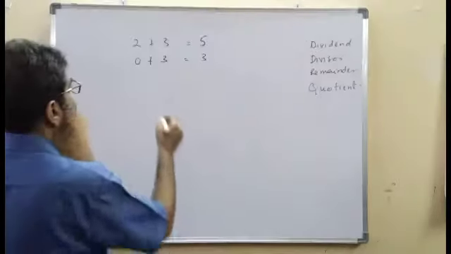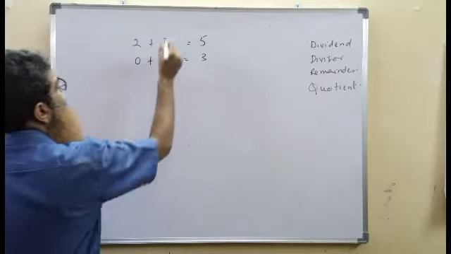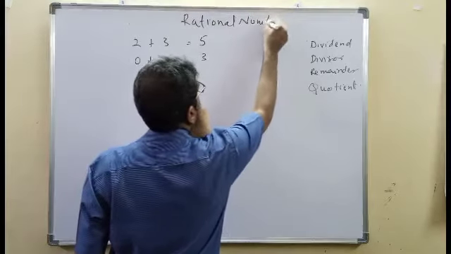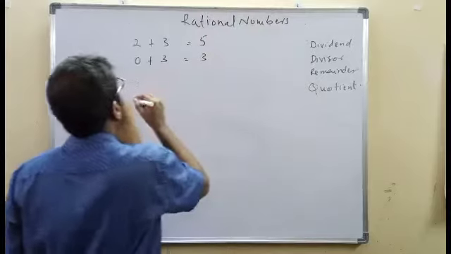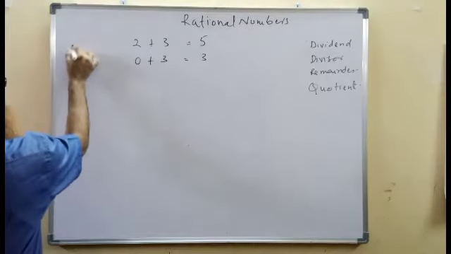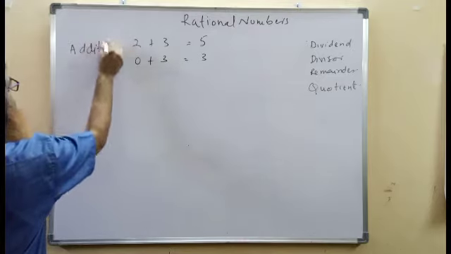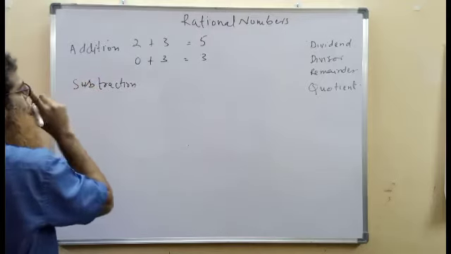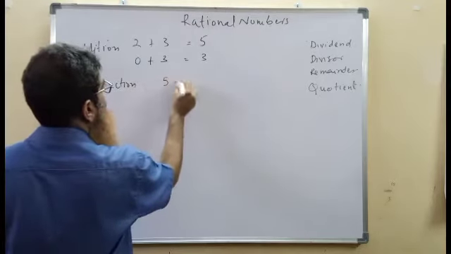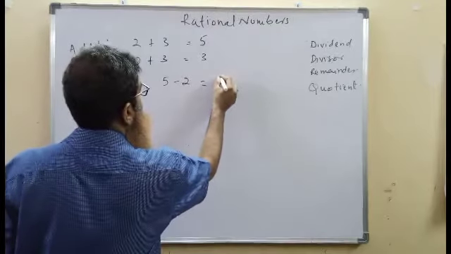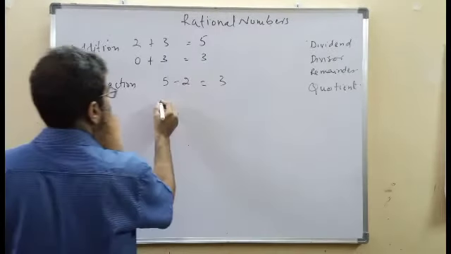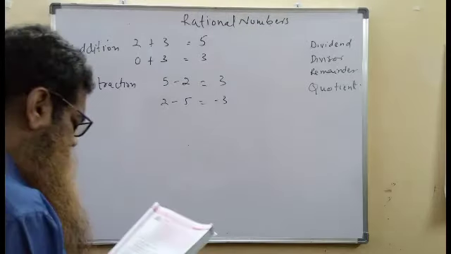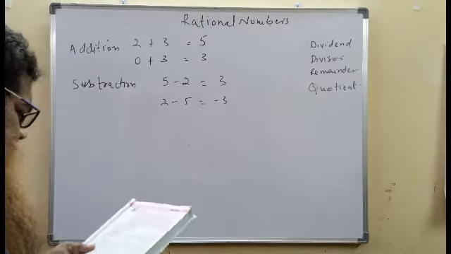Subtraction is not closed since, you can understand, if it is 5 minus 2, the answer is 3, whereas if it is 2 minus 5, it is not 3, it is minus 3, which is not a whole number.